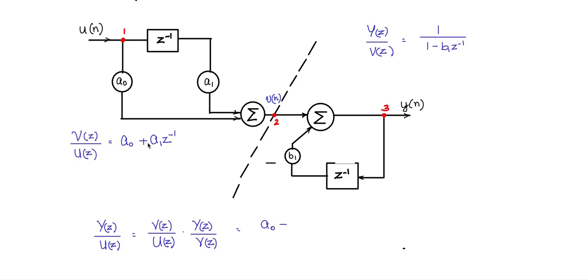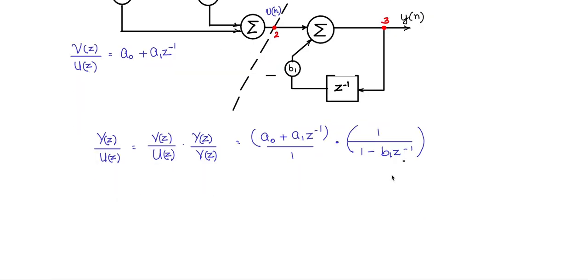So I can write it A0 plus A1 into Z to the power of minus 1 by 1, that is this part of the transfer function, into this part 1 divided by 1 minus B1 Z to the power of minus 1. So this would be the overall transfer function.